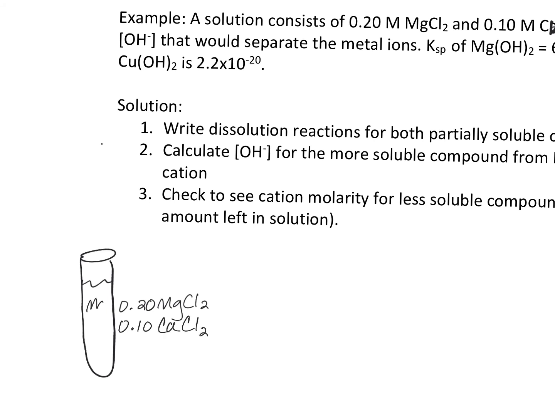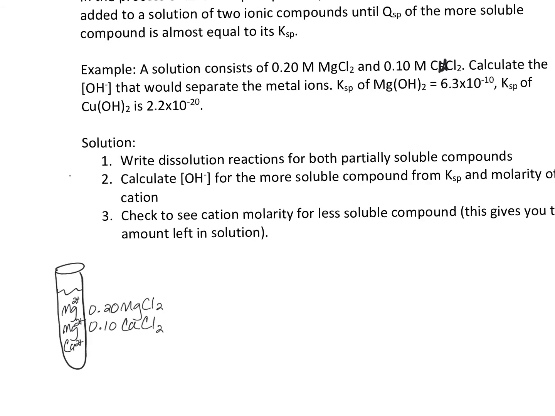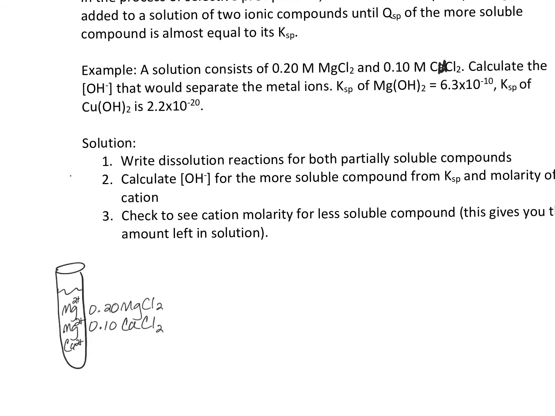Okay, so you can imagine some magnesium and some copper. Now, the chloride isn't particularly important in this scenario because we're looking to precipitate the metals. So the chloride's just there as a counter ion, right?